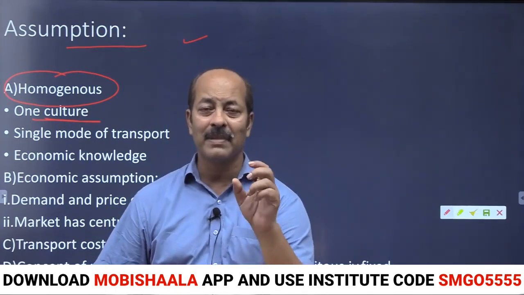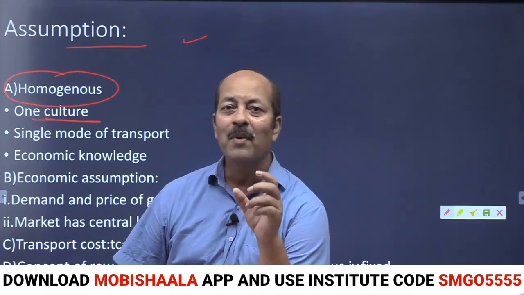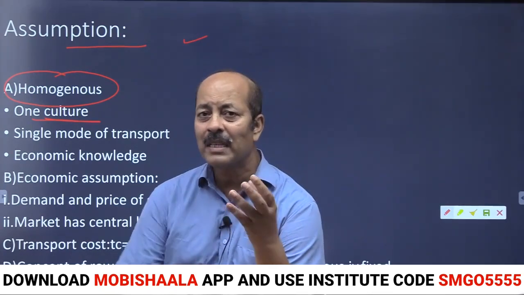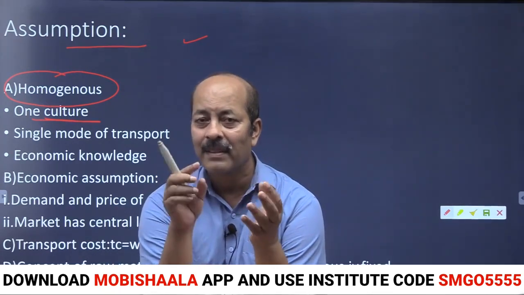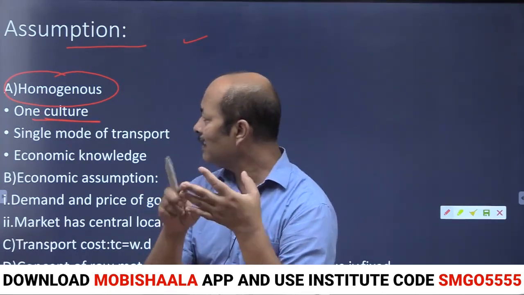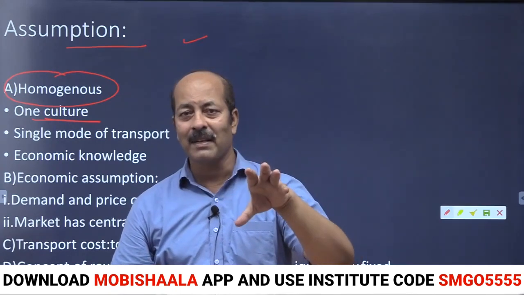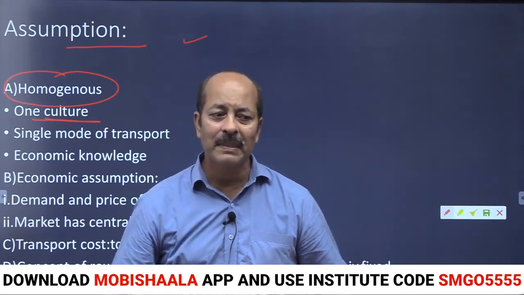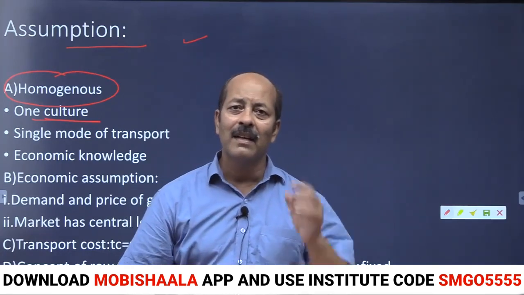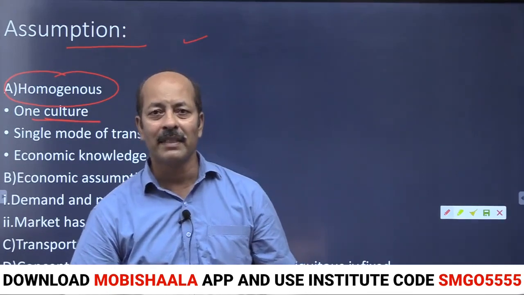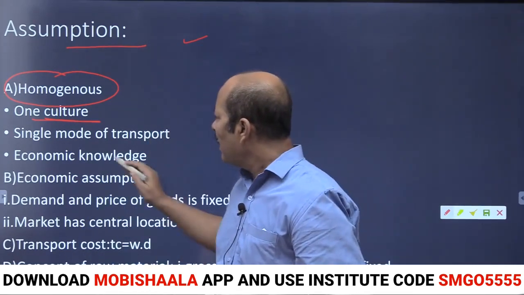The third thing he emphasized about the location, one political system in a particular area. So we are talking about the homogeneous thing. The first is topography, second is culture, and the third thing is the system of government. Suppose a democratic government is there, it will be democratic government throughout the area. It means one type of government influences the area, right? So that is the third thing.